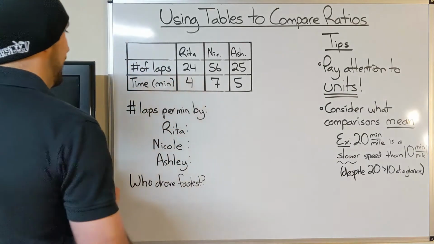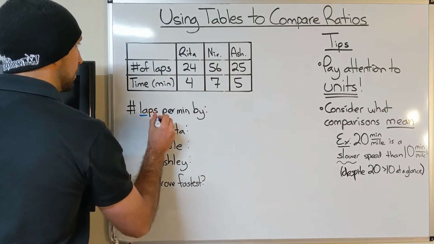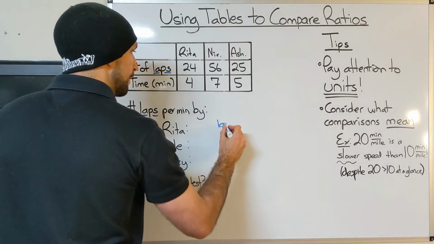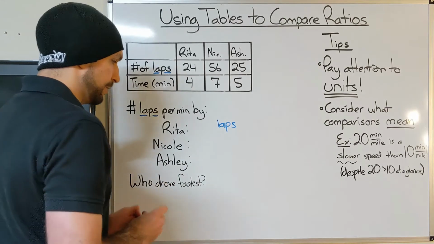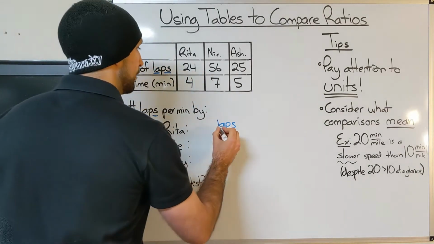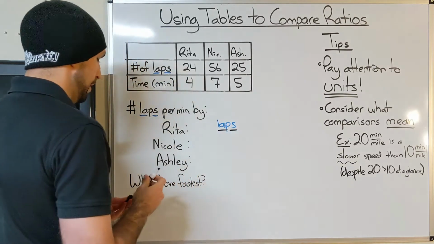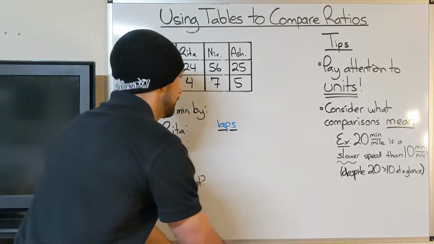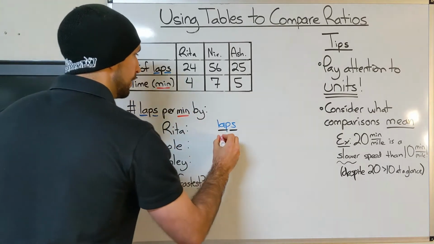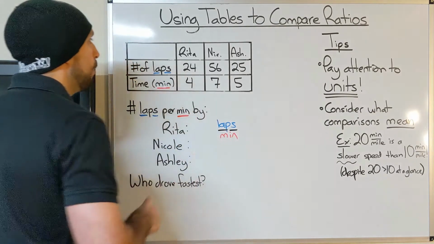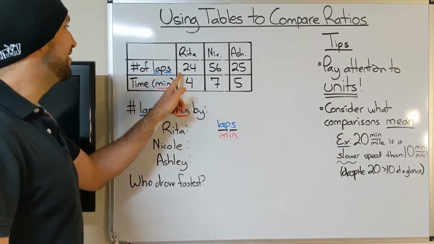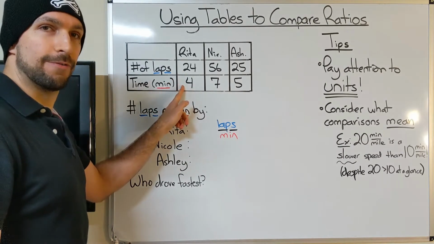So if we have laps per, in other words, divided by minutes, we know we're going to be finding the laps here, 24, and dividing that by the minutes here, 4.